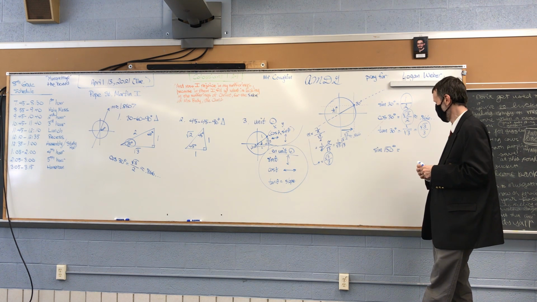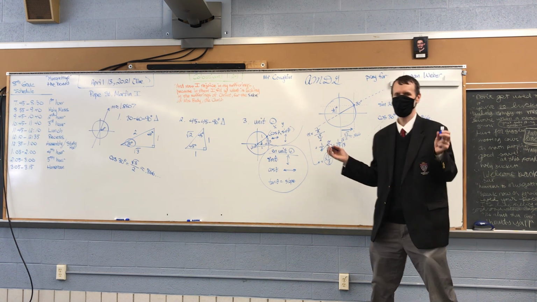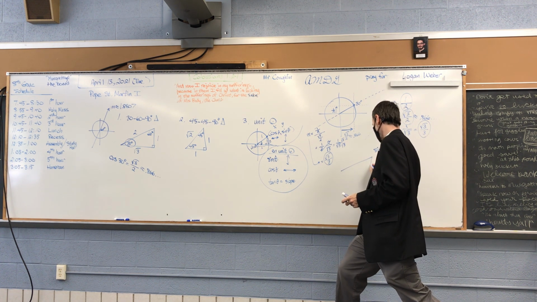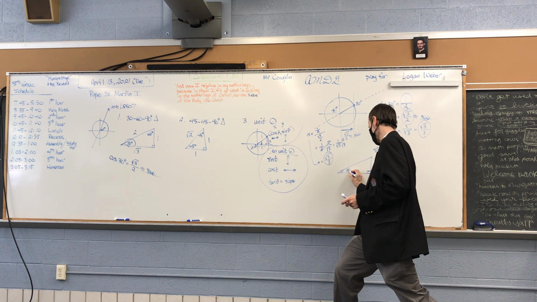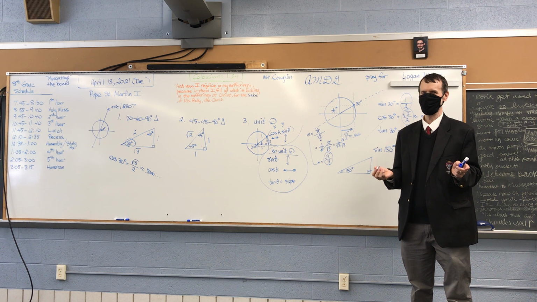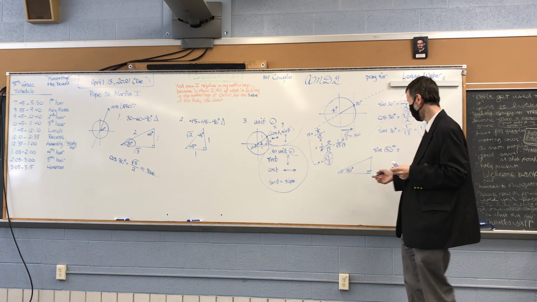Now, does everybody see that if I tried this with a triangle, we'd have serious problems? It's got to be a right triangle, and you're trying to do 150 degrees. Does anybody see a problem with this? Julie, what's the problem?